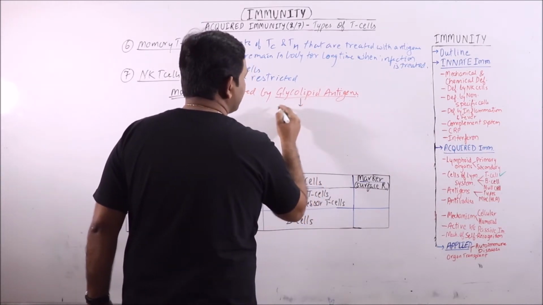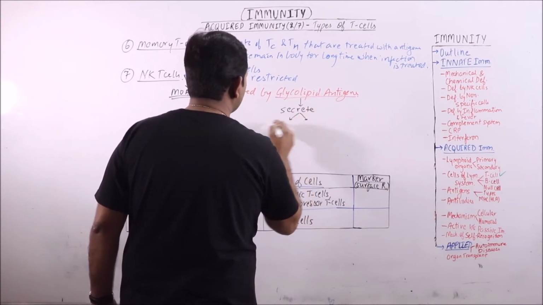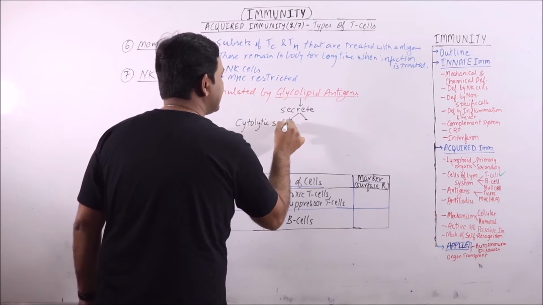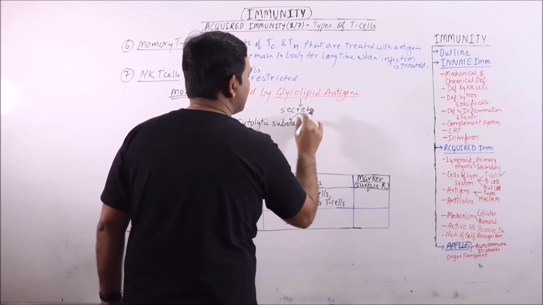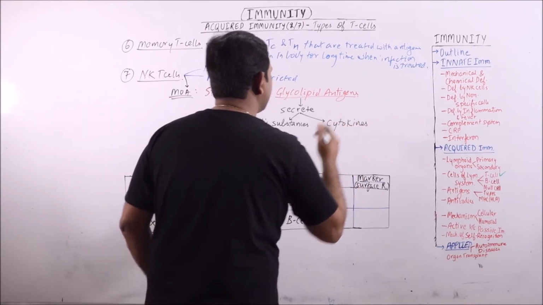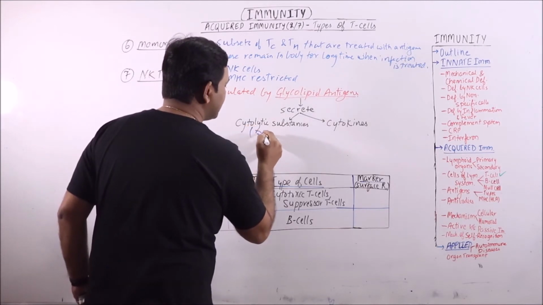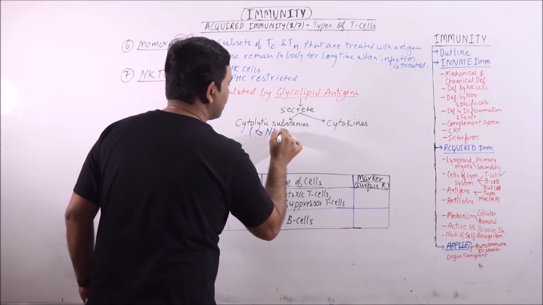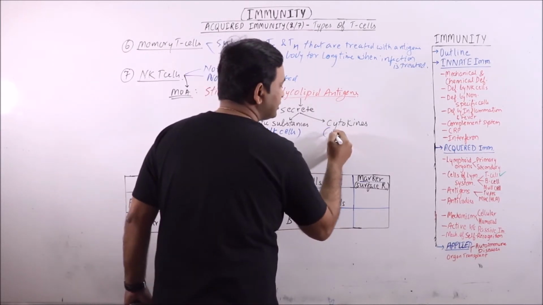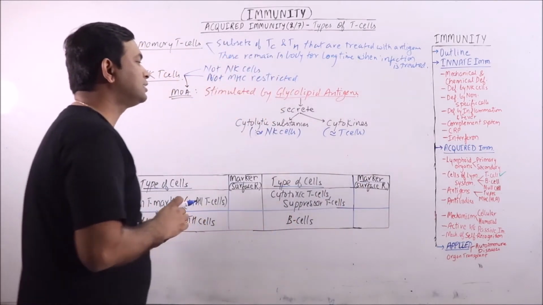When stimulated, these secrete cytolytic substances and cytokines. The release of cytolytic substances is the action of NK cells, while the secretion of cytokines is the action of T cells.